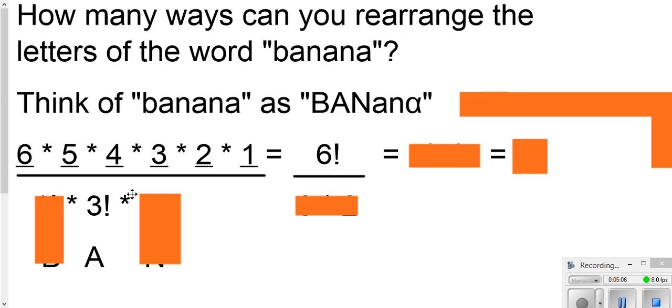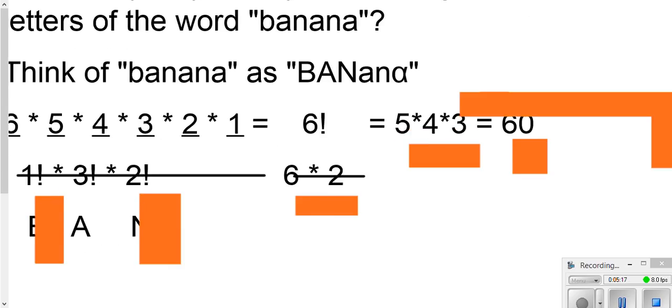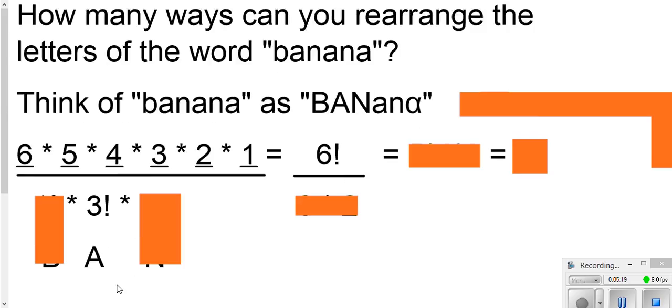And when we do that, it really doesn't create a new word. And we're looking for all the different unique, or distinguishable, arrangements. And so we get rid of all of our duplicates that we have because we have a repeated element.